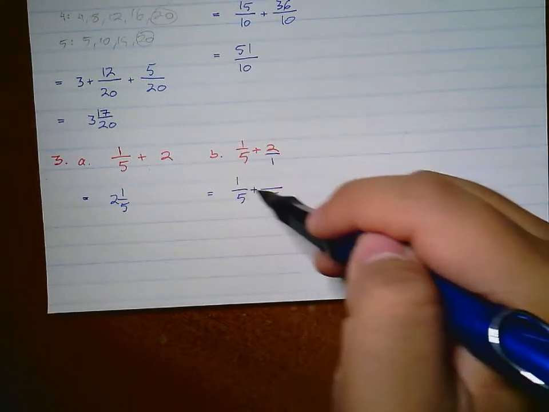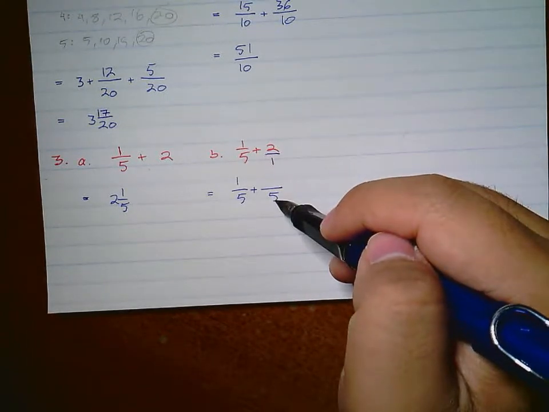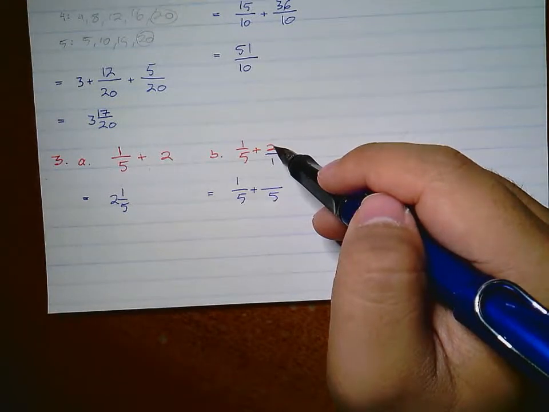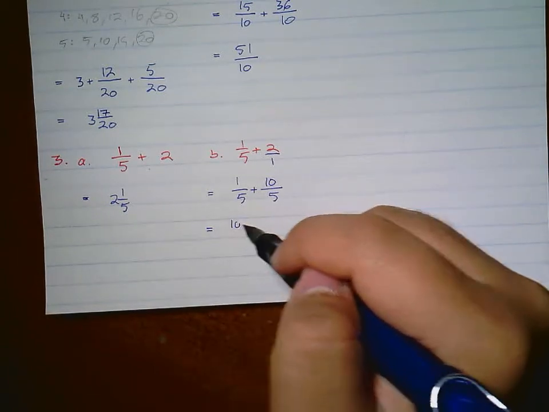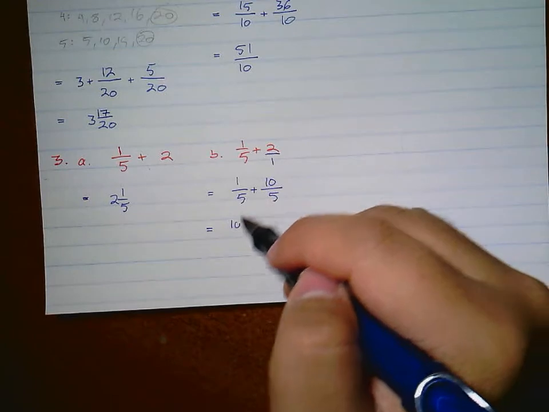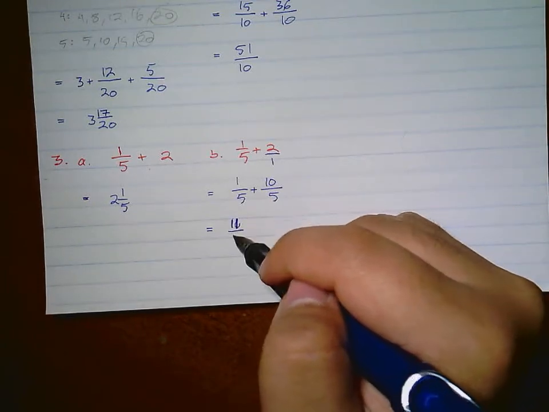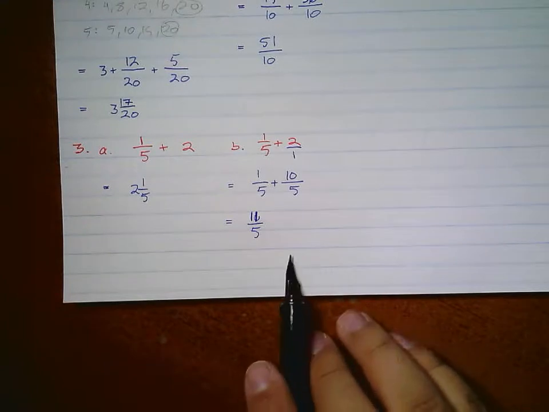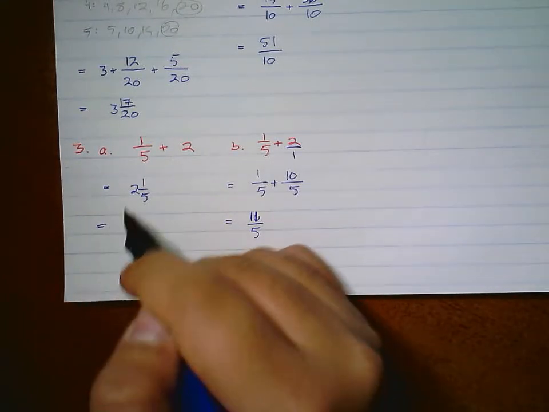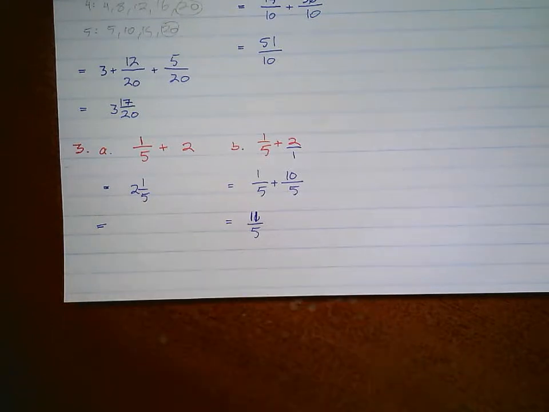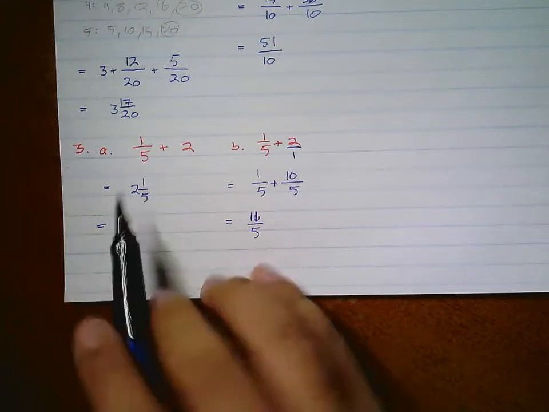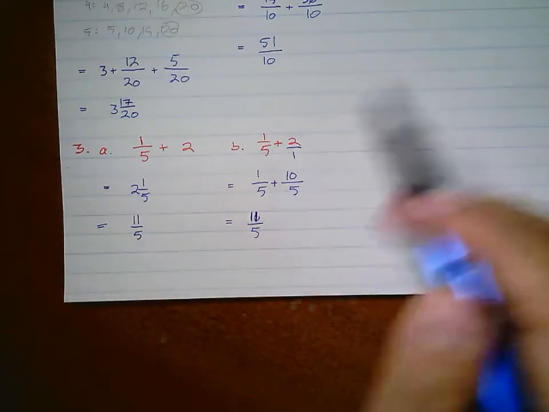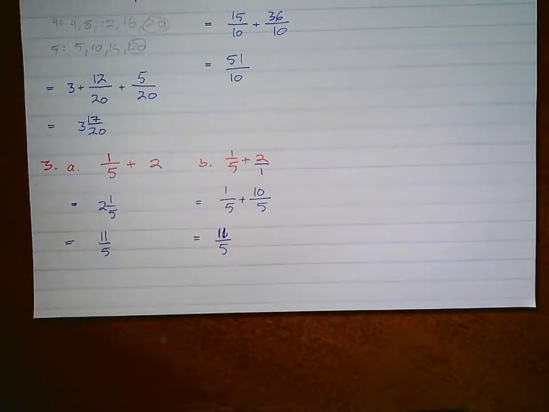This fraction remains the same. 1 to become 5, we multiplied by 5, which means we multiply 2 by 5, which gives me 10. 1 plus 10 is 11 over 5. And if we go back and convert this mixed fraction into an improper fraction, 5 times 2 is 10, plus 1 is 11 over 5. So either way we treat this, we get the same result.